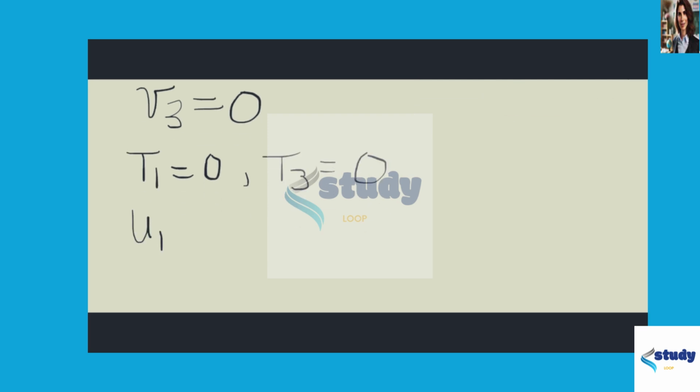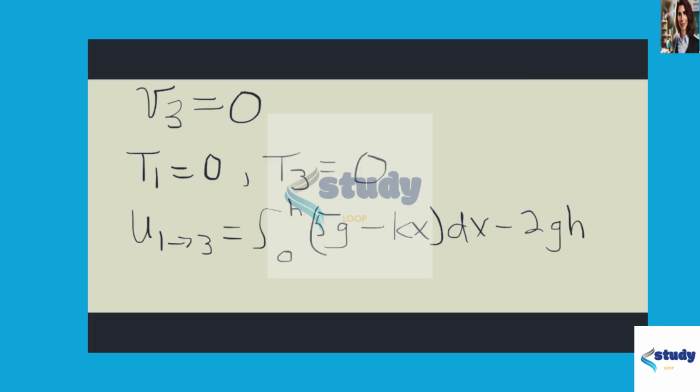The equation that we're going to use for work is very similar to the equation that we used before. The force of the spring is actually the same, right? We're just integrating to h because we want to solve for that maximum height. So we're going to do (5g - kx) dx - 2gh, remember, which is the work done by gravity.